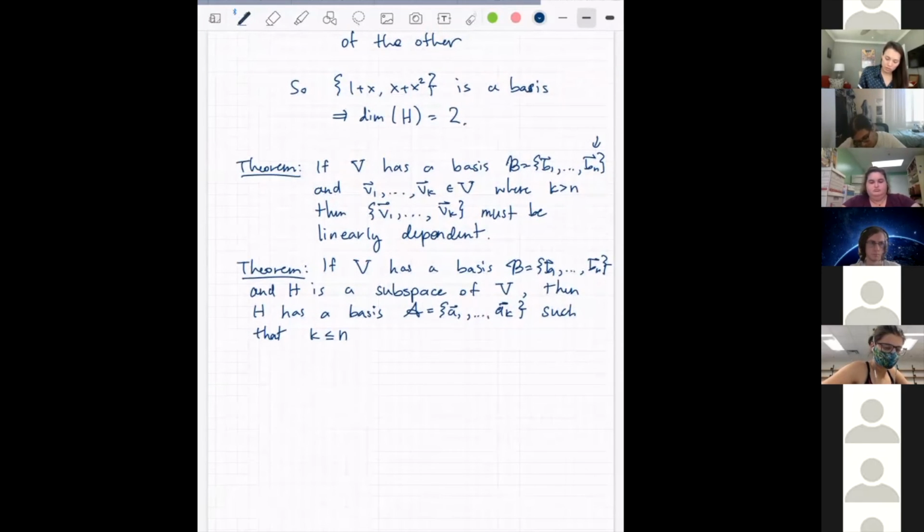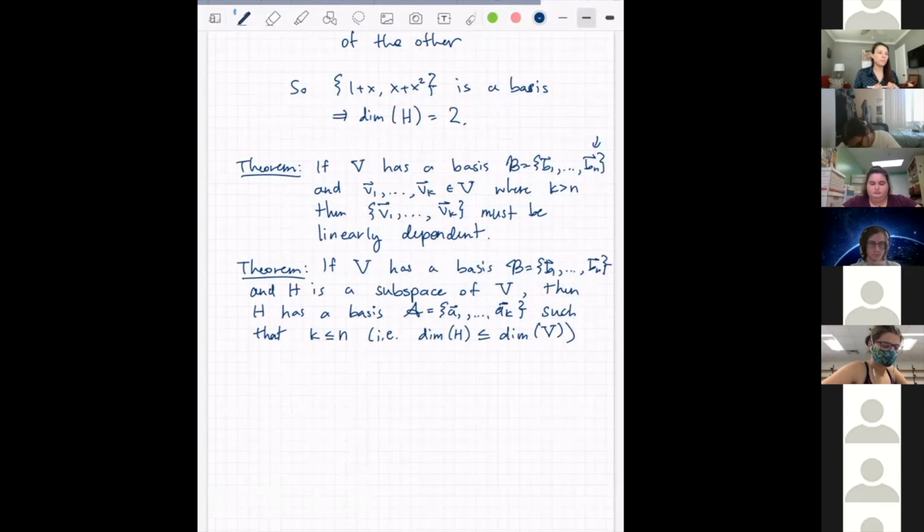So this means in particular that the dimension of this subspace is always less than or equal to the dimension of the larger space V, which makes sense, right? If it has to fit inside.